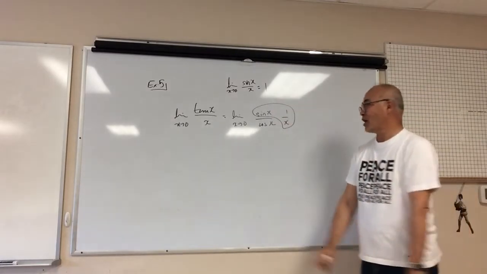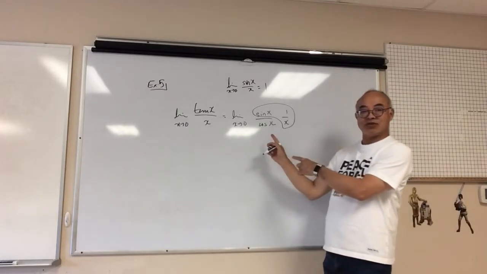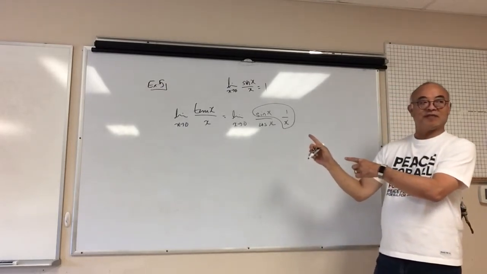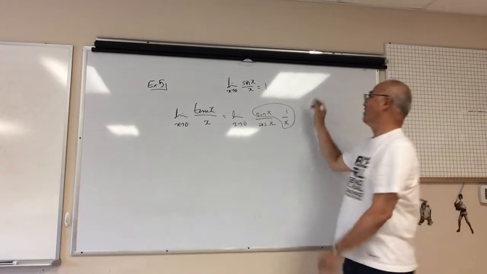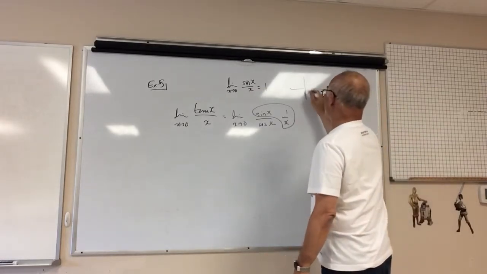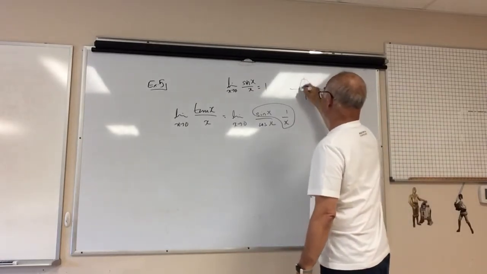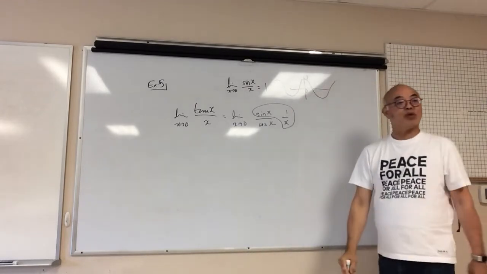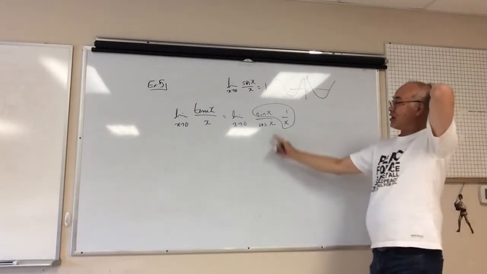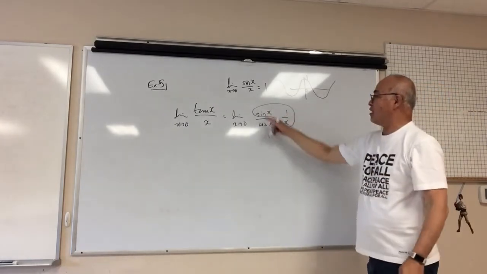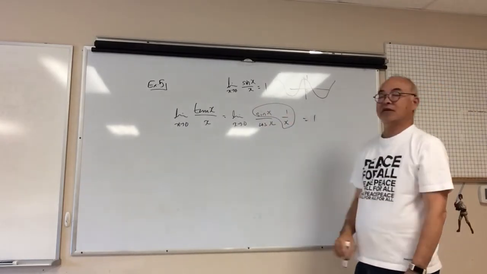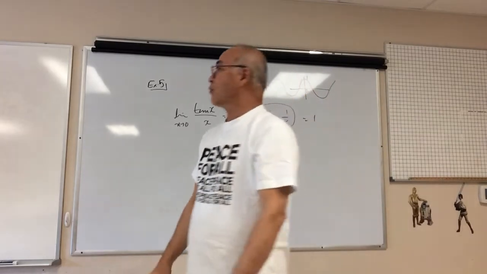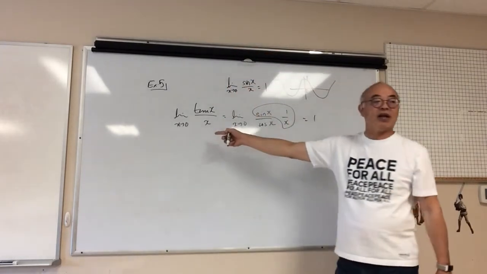What happens to cosine x as it approaches 0? It goes to 1. So as x approaches 0, it's going to approach 1. So you're going to have 1 divided by 1. So it's 1.